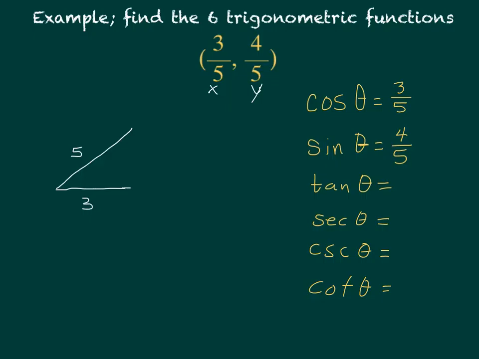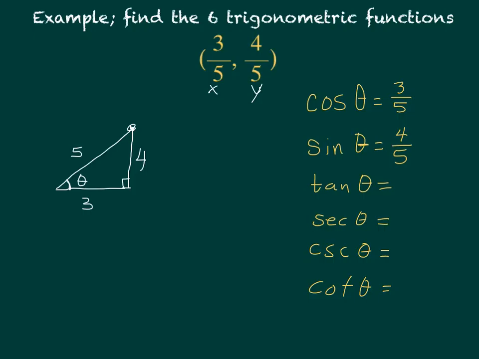And then my sine is 4 over 5, so that's going to be 4. That's opposite over hypotenuse. So right there is my theta. So now that's the triangle I'm going to be looking at, and I'm envisioning this point right here to be on the unit circle. So that's why my theta is where it is.